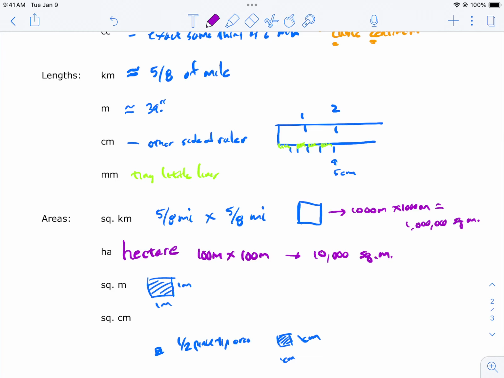So 1,000,000 square meters would be a square kilometer. 10,000 square meters would be a hectare, because you don't want to measure your property in square kilometers. You want to use something smaller, so hectares is the thing. And we'll be converting with areas and volumes in the next lesson. But now you know what a hectare is.